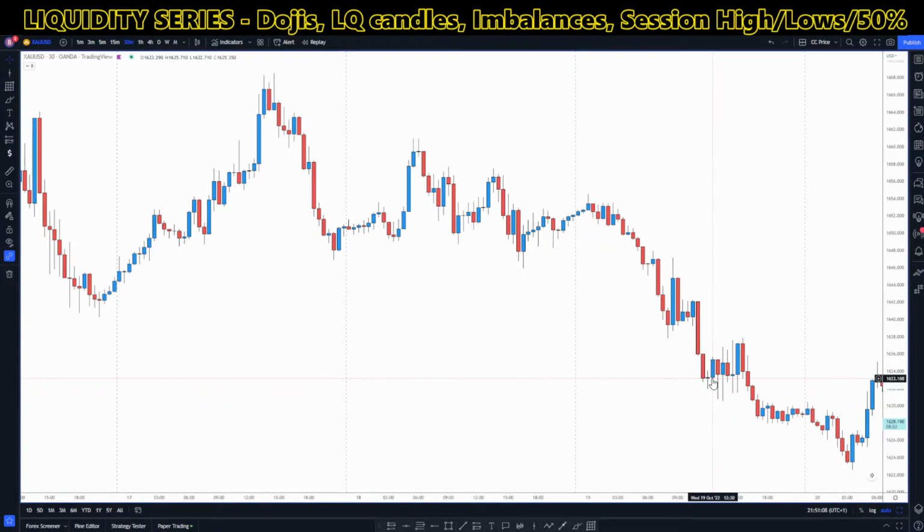First thing we're going to look at is to understand that the market moves from liquidity point to liquidity point. There are some price action points that typical retail traders will trade, where you'll see double bottoms, double tops, dojis.